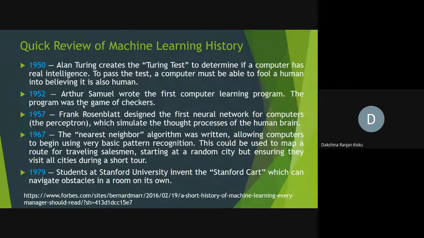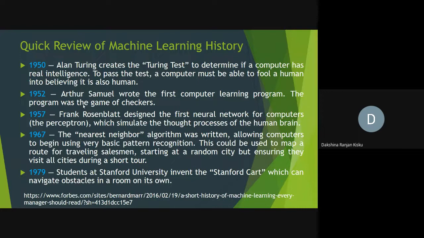Okay, let us take a quick review of machine learning history. In the year 1950, Alan Turing created a test called the Turing test, through which he tries to determine if a computer has real intelligence or not. To pass the test, a computer must be able to fool a human into believing it is also human.